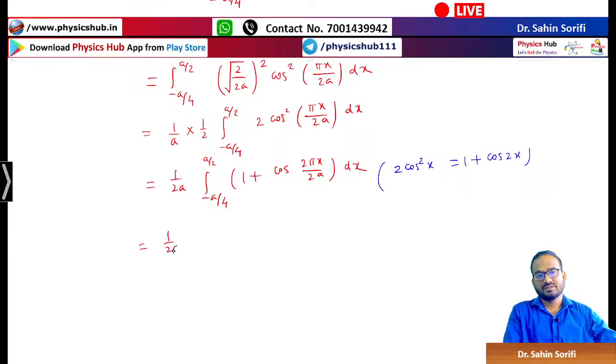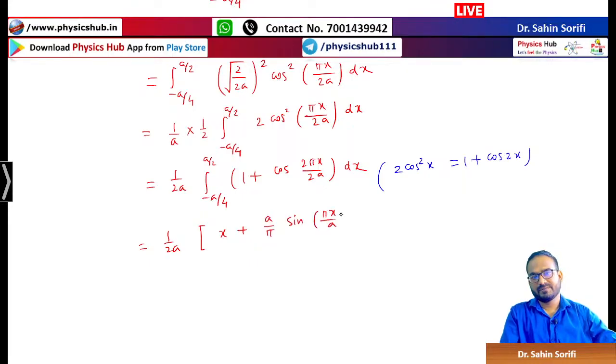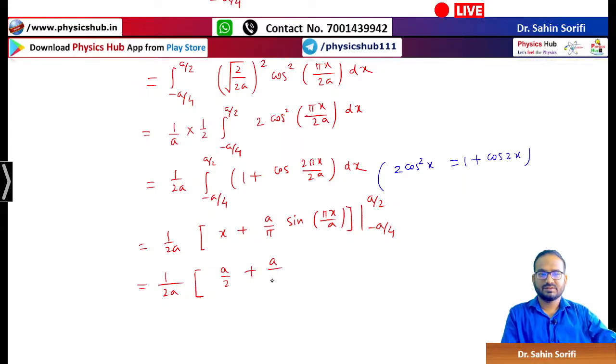The first integral will give you x, and the second one is a by pi sine pi x by a, with limit minus a by 4 to plus a by 2. Now let's put the value of the upper limit, a by 2 plus a by 2, so sine pi by 2 is 1, so a by pi.